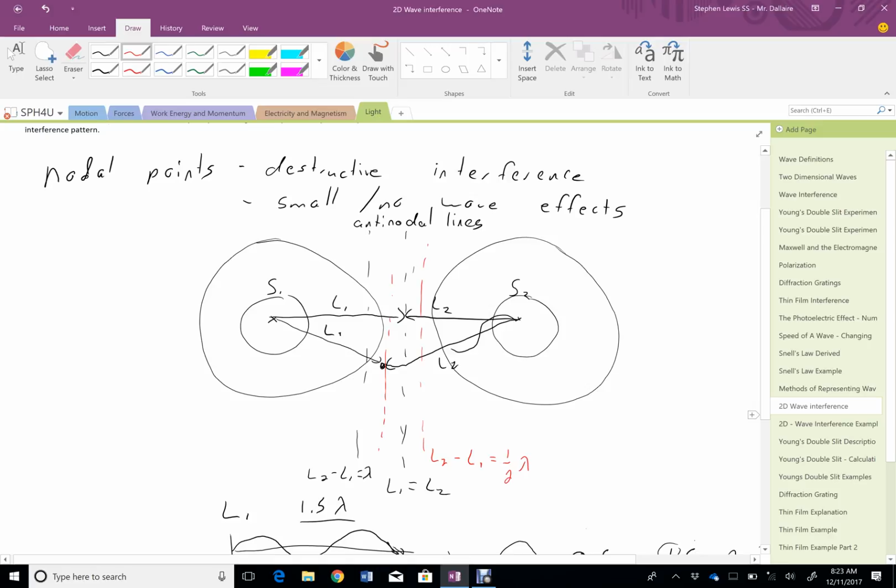And then if we added more constructive lines, what we would see is that we get these patterns where we get a large wave, then a small wave, then a large wave, then a small wave, then a large wave, then a small wave.